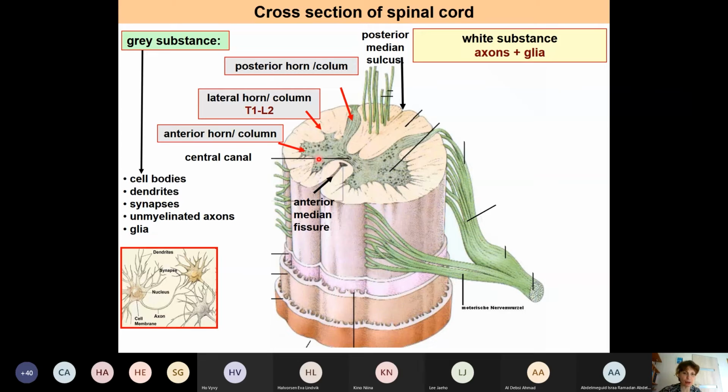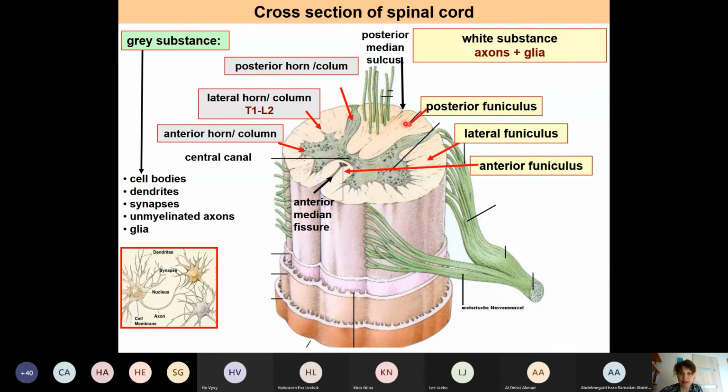We have an anterior horn or column, and we also have a lateral horn, but only at the level between T1 and L2, so not in the entire length of the spinal cord. And the white substance can be divided in funiculi, posterior funiculus, lateral and anterior funiculus, and they reach here.